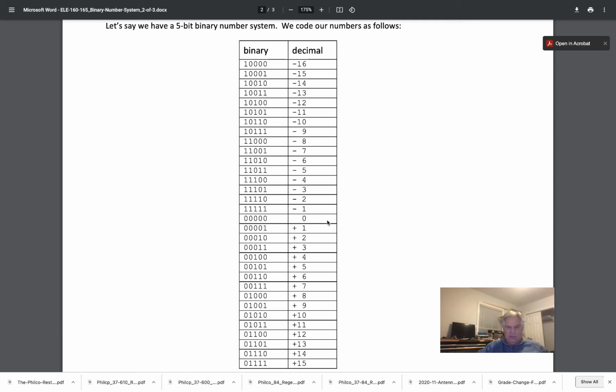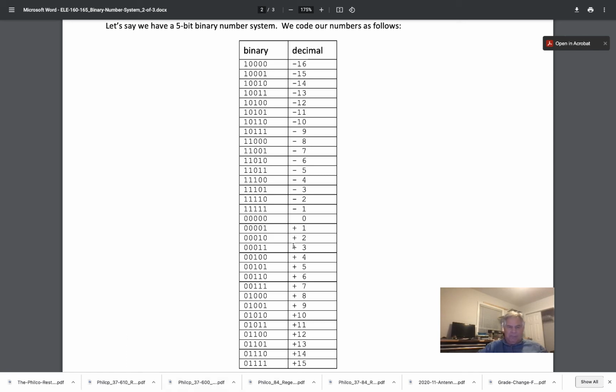So it goes from 0 to 15. And you can see all the time we do that, for 16 different codes, 0 through 15, we use up 4 bits. And all that time for those 16 codes, the most significant bit, or MSB, is a 0.